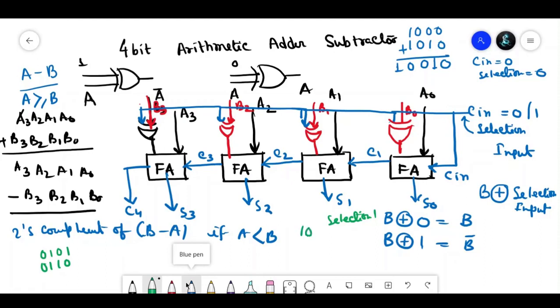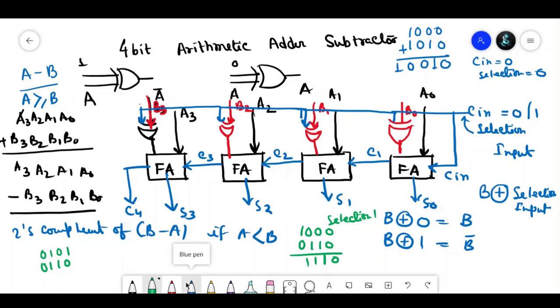That means 1000 will be added with 0110 and the resultant will be 0 1 1 1 0. So this is the result in the case of A minus B. Actually, we will get the output as the 2's complement of that.